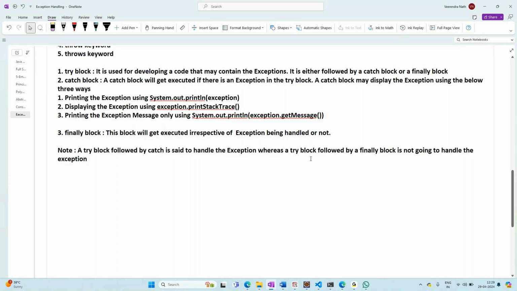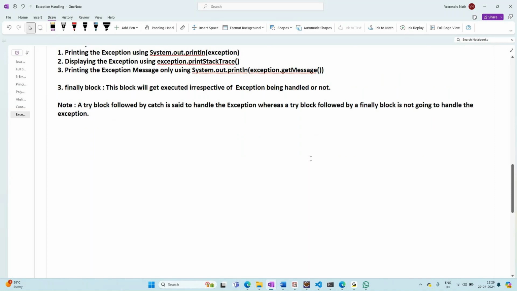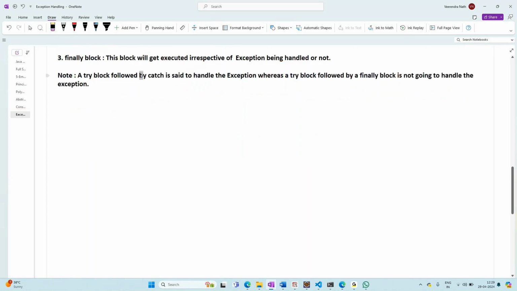Whenever we are talking about the try block, a try block followed by catch is said to handle the exception, whereas a try block followed by a finally is not going to handle the exception.